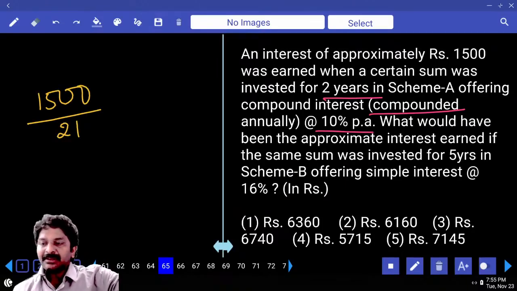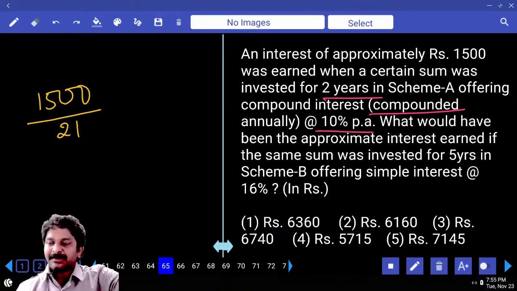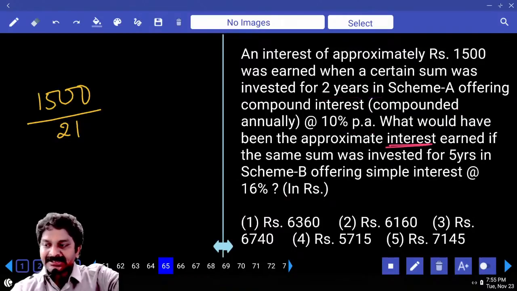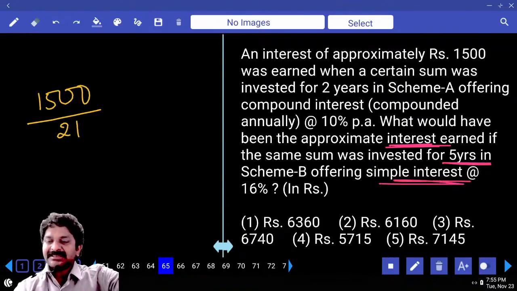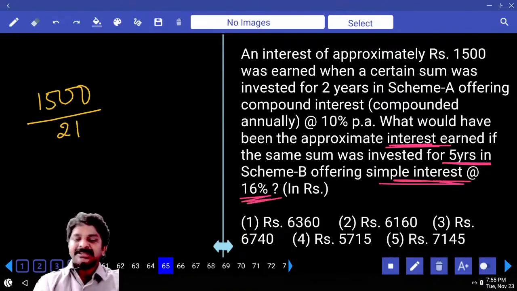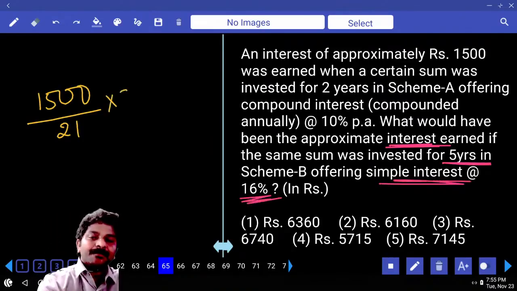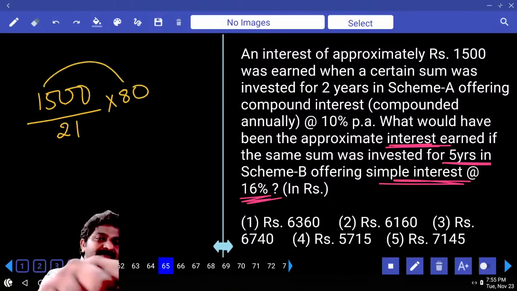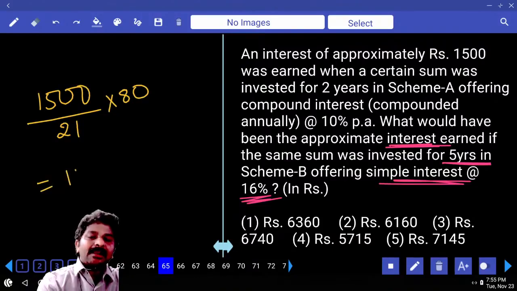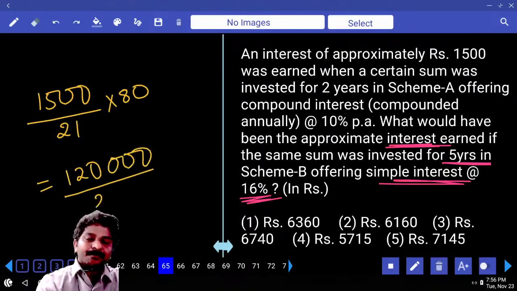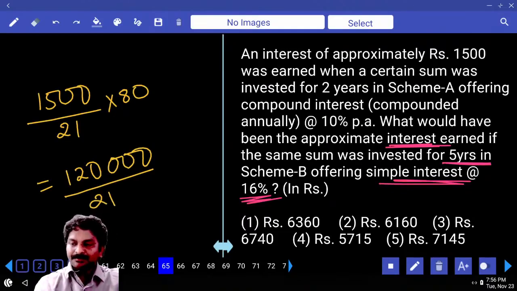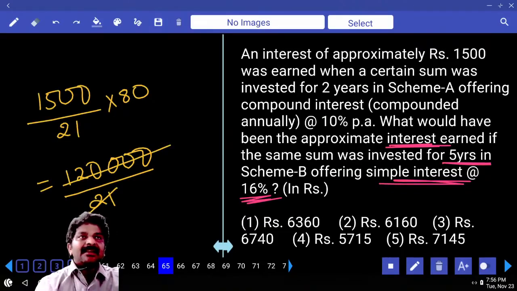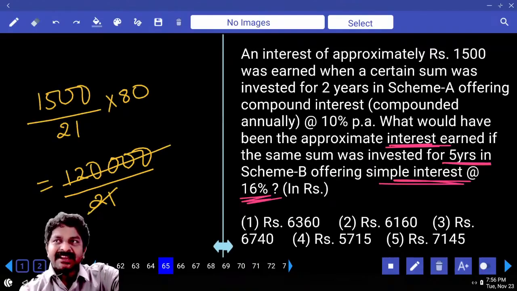Now we need to calculate what would have been the approximate interest earned. Interest only, 5 years, simple interest at 16% per annum. How much interest will you get? 80%. Okay. 15 into 8, 120. How many more zeros do we have to write? 3 divided by 21. 21, 6 times is 126, right?